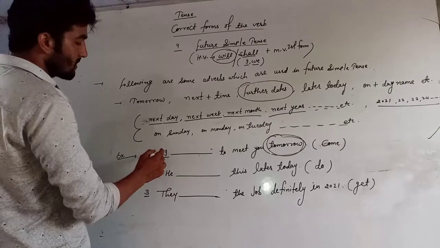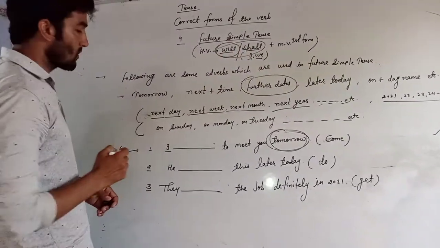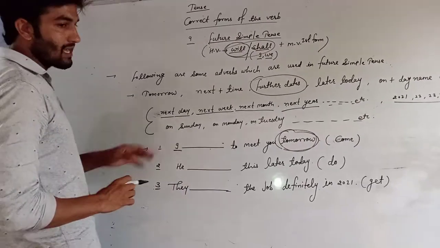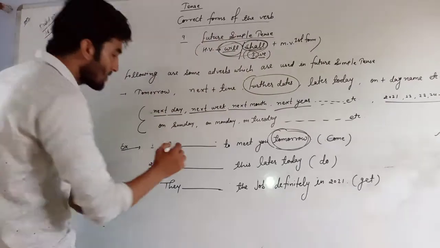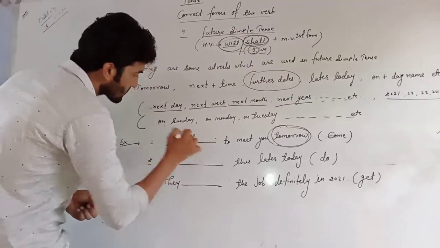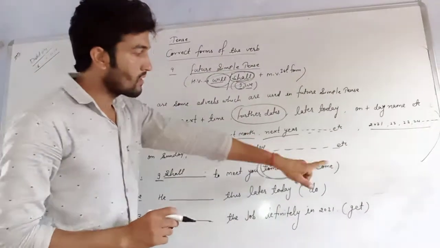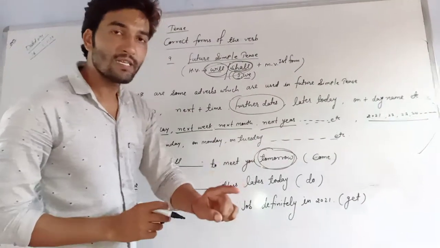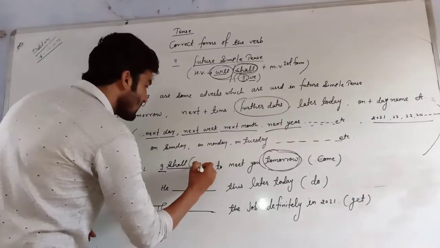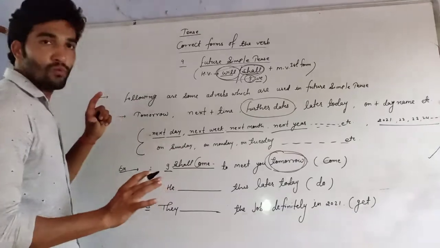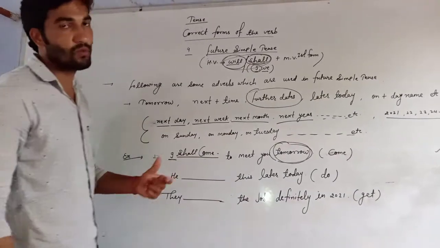According to the subject, take one of them. The subject is I. With I we use shall. So here will be shall. Then the first form of the verb. Remember beta, in the bracket you will find the first form of the verb. Here it is come, so as it is, you put this. So, I shall come to meet you tomorrow.